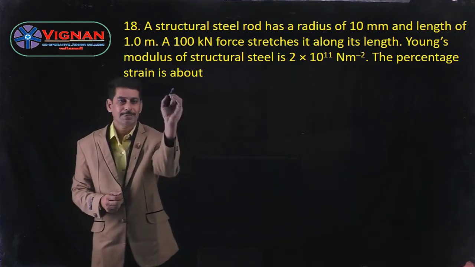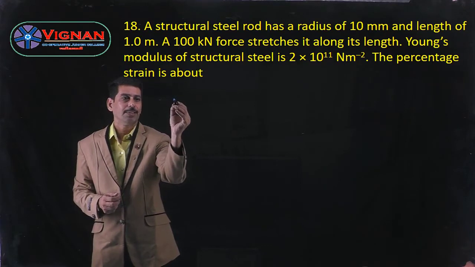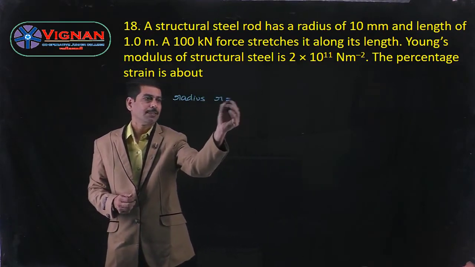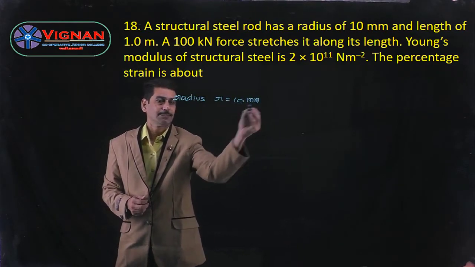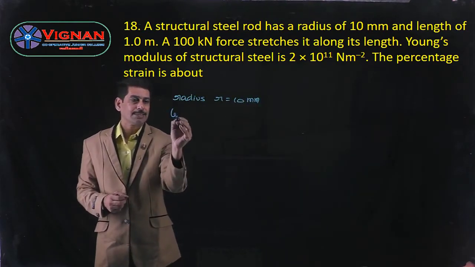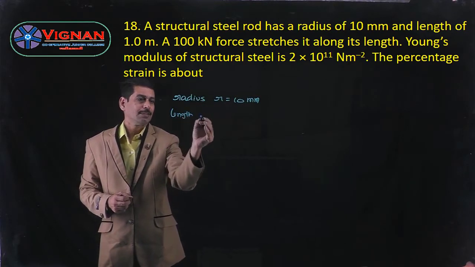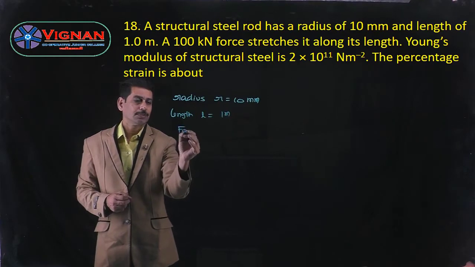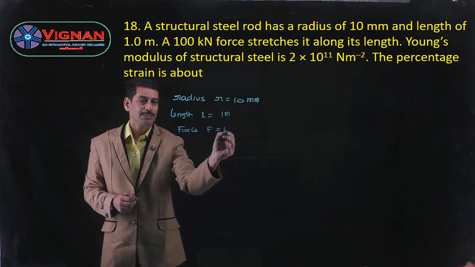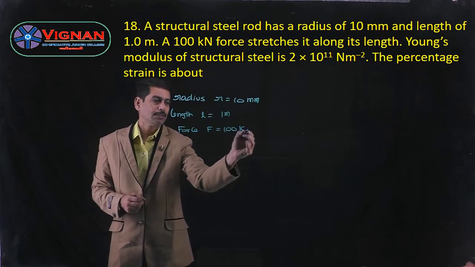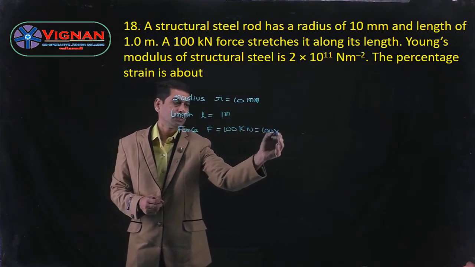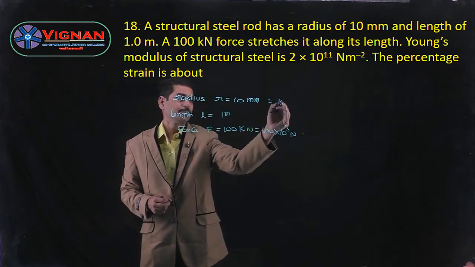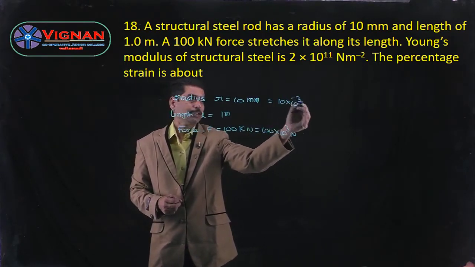So the radius of the wire is given as 10 mm and length L is equal to 1 meter and the force F is given as 100 kilonewton. This is nothing but 100 into 10 cube Newton. So convert radius also into meters, so you get 10 into 10 power minus 3 meter.